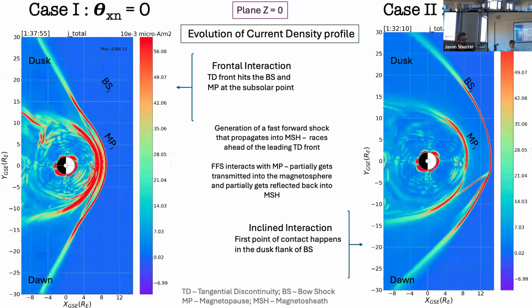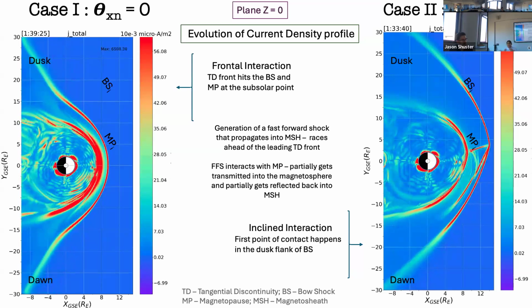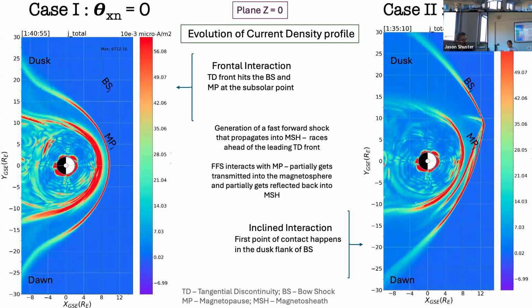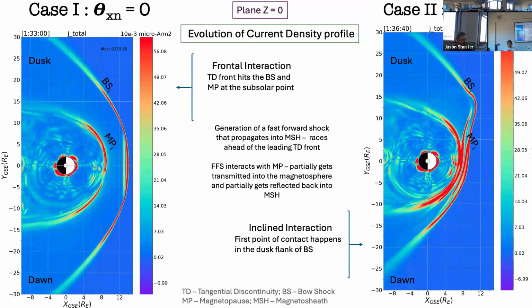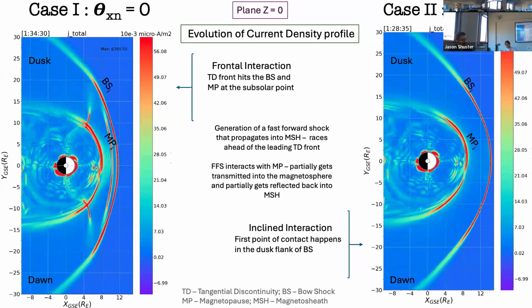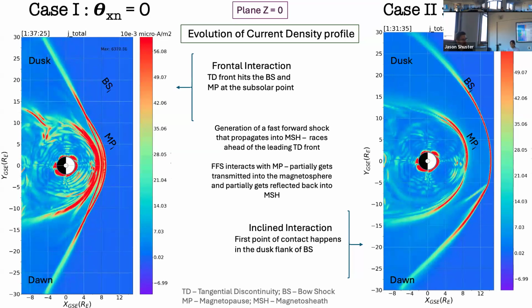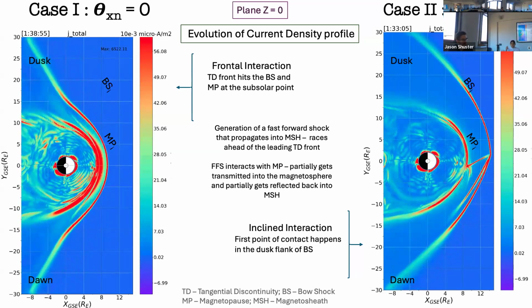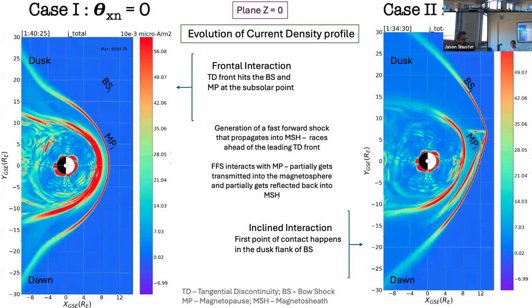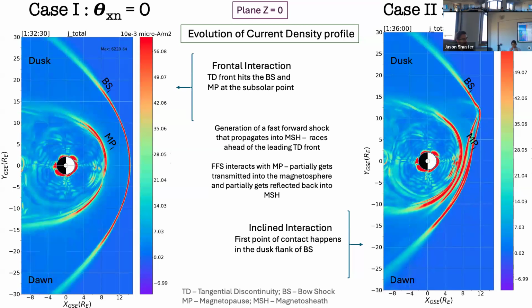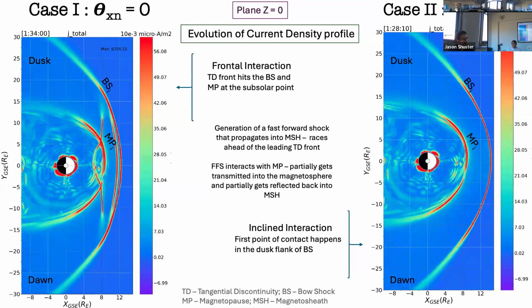We did run one simulation where the most interesting inclinations would be where the shock normal is almost perpendicular to the Sun-Earth line. That's what a lot of foreshock people look into. In that case, you see a lot of sunward flows, even at the nose of the magnetopause.